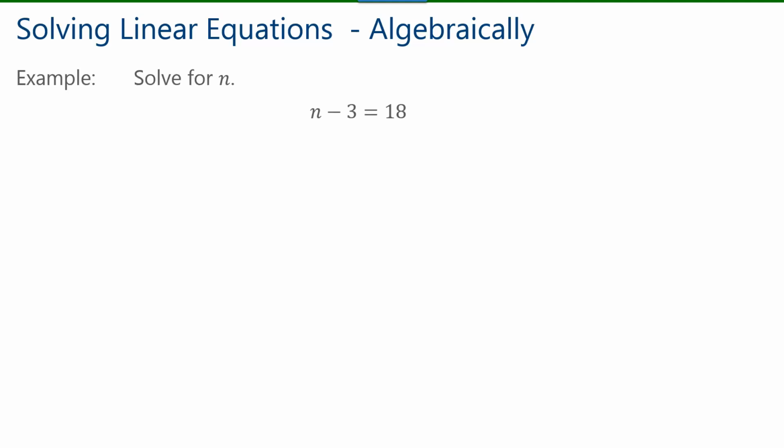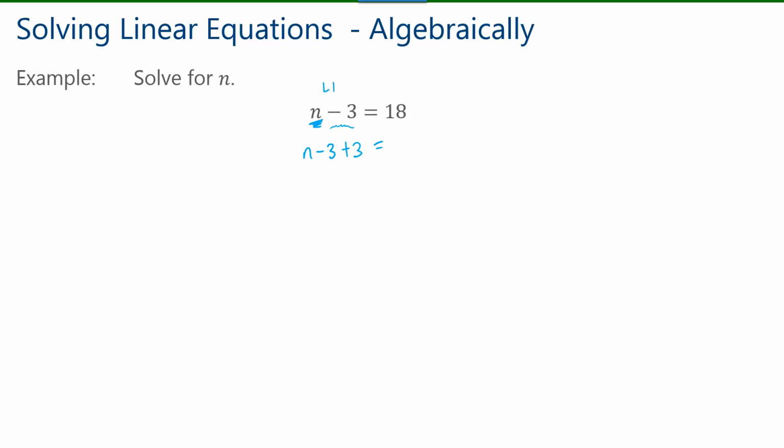Solve for n, and our equation is n subtract 3 equals 18. Our task here, we got to get this n, this variable, by itself. When I look at what's associated with it on the left-hand side, we have a subtract 3. If we think about that idea of inverse or opposite operations, what's the opposite of subtracting 3? Well, that would be adding 3. In subtract 3, I add 3 on the left-hand side.